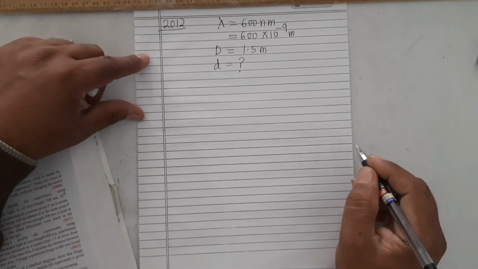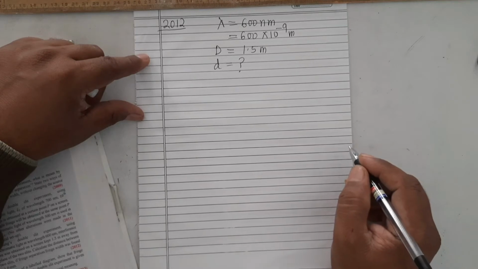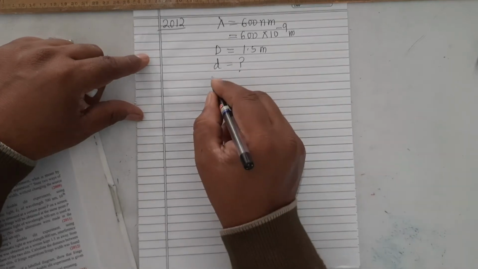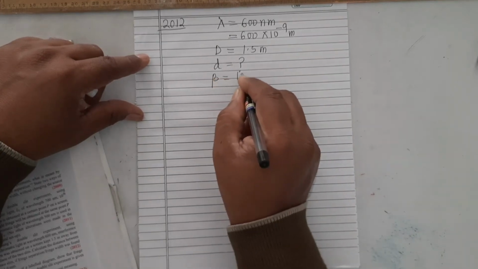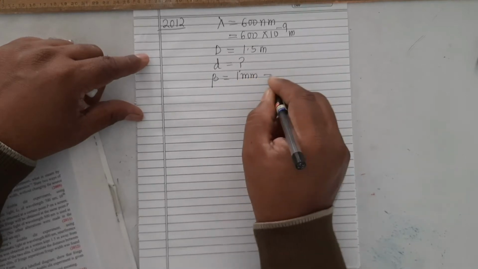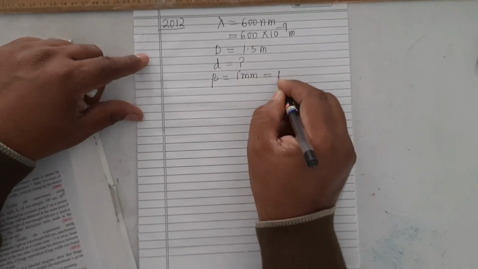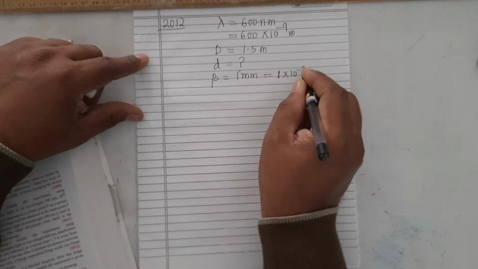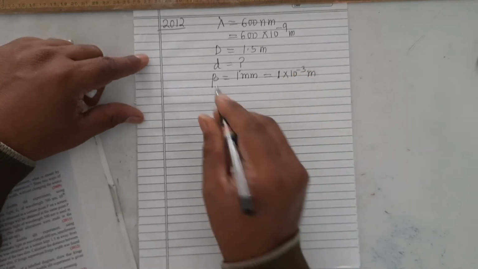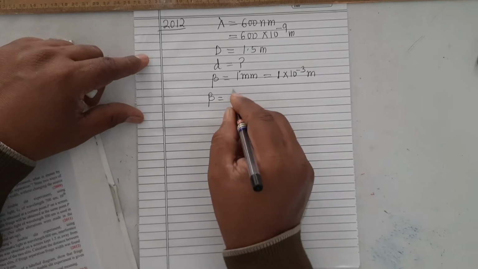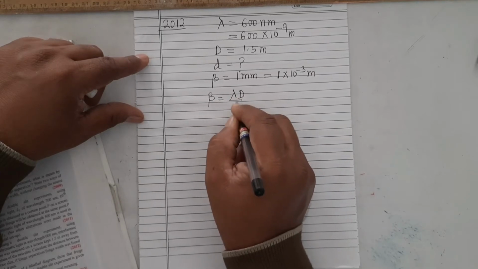It is clear. If the fringe separation is found to be 1 mm, that is beta is given 1 mm, that is 1 into 10 to the power minus 3 meter. So that you can do by using this formula, that I will not do further. It's clear.